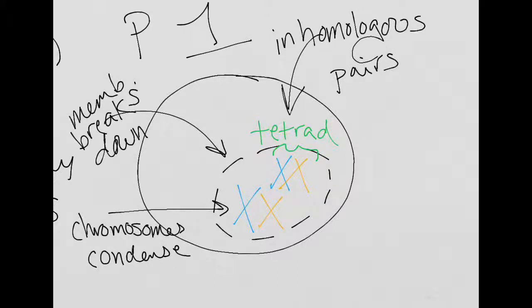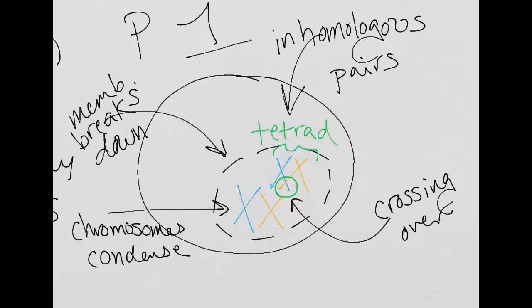Even in prophase 1, something special happens, which is called crossing over. Notice that these two chromosomes, a portion of their chromatids have crossed over one another during prophase 1. And in fact, this will ultimately lead to exchanging DNA.